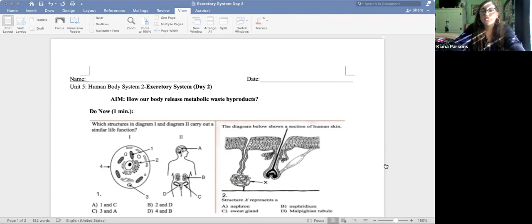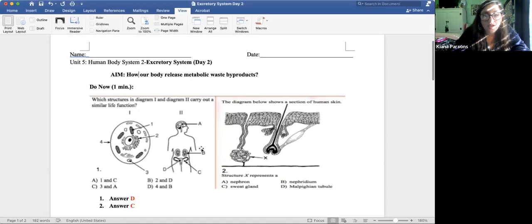Our sweat glands release excess water. They help regulate body temperature, which is part of regulating homeostasis. And they release salts and urea. And we're going to talk a little bit more about urea during today's lesson. So let's go on.